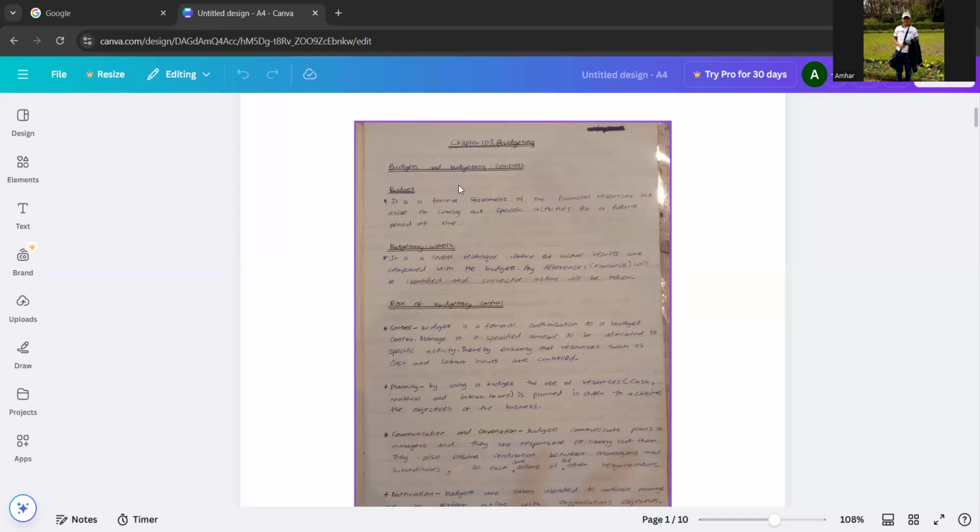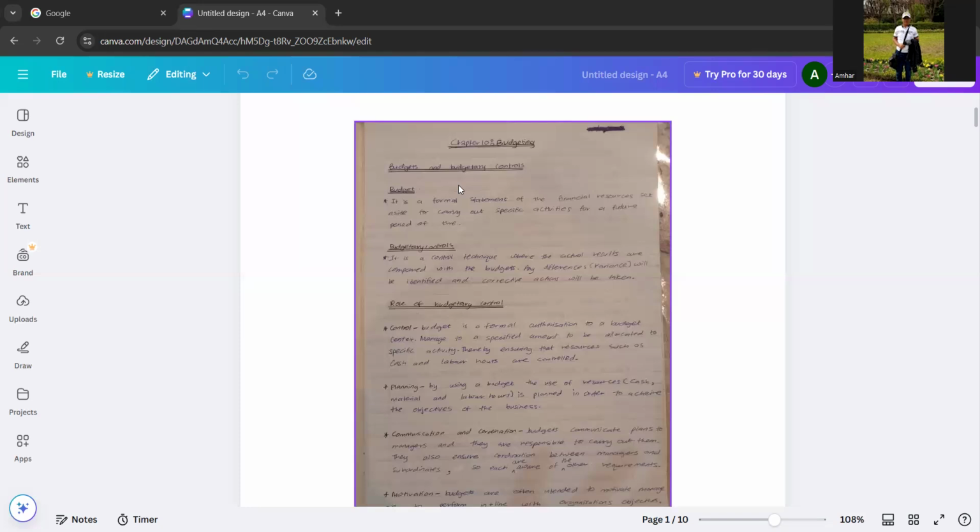Now planning. Budgets will help a company to plan the resources. By using a budget, the use of resources such as cash, material, and labor is planned in order to achieve the objectives of the business. So all are planned, in order to achieve the main goal of the business.